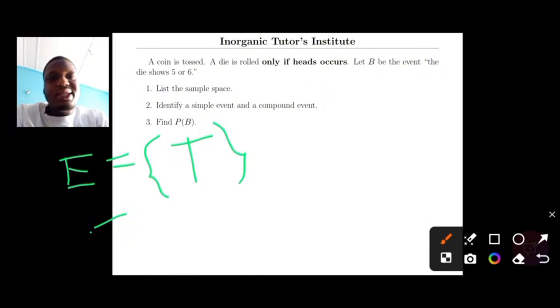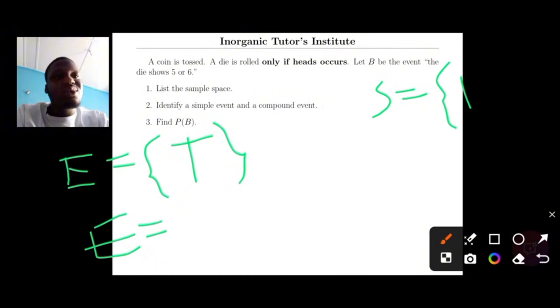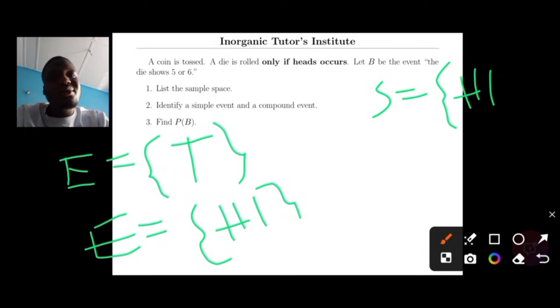Well, that's not the only simple event. Remember, a simple event is just one outcome from the sample space. So looking at the sample space, you can choose any outcome or element there. Just that you have to be careful with your explanation, and you can't just write this alone. You have to write something.